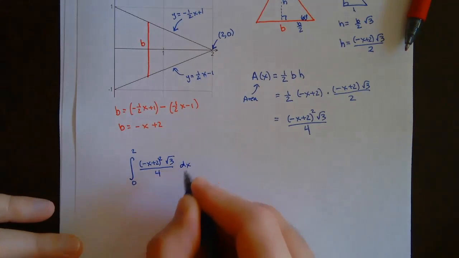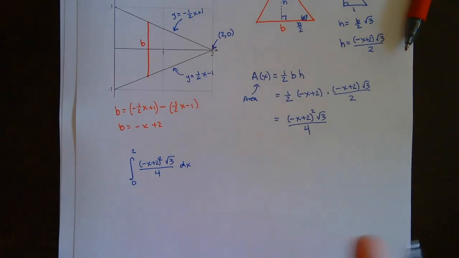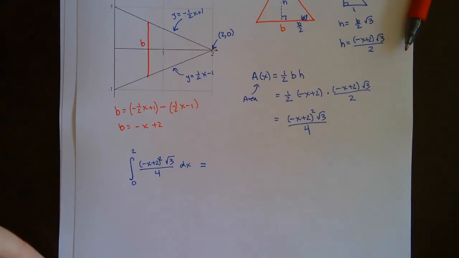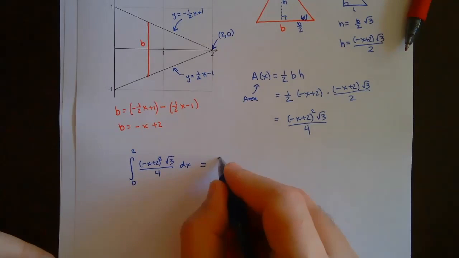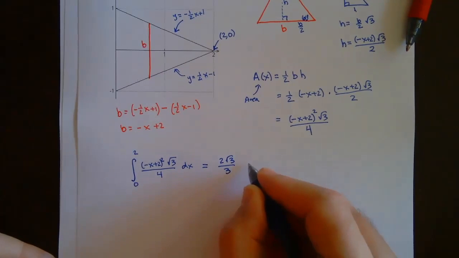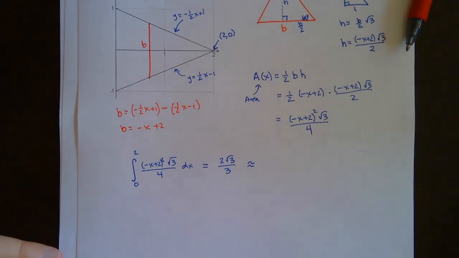The dx gives you your thickness, so therefore you're going to have volume, okay? And we put this into our calculator. If you work this out by hand, you would get exactly 2 square roots of 3 over 3.